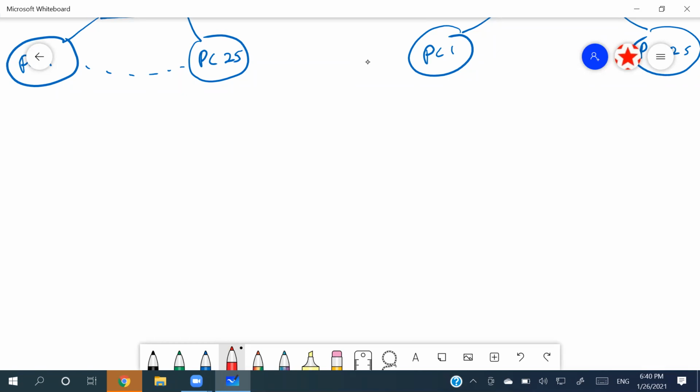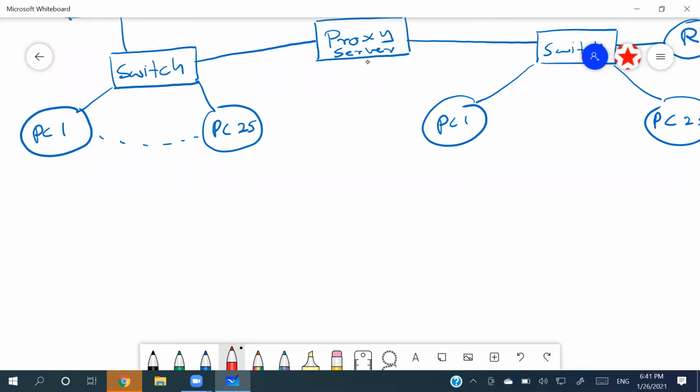Devices inside a LAN can be identified using the MAC address, actually by a device like a switch. But when two or more networks are connected with each other, they need IP addresses to recognize the devices connected to a different network, right? So for that, we are using a component called the IP address.